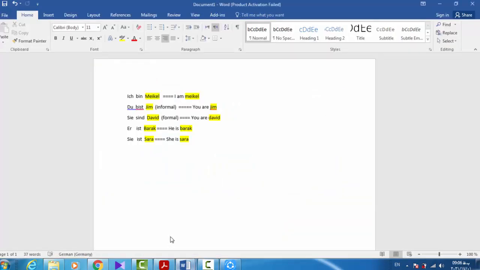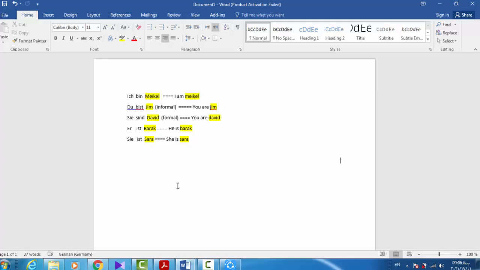I've written them here, and I've made sentences using the verb sein, the equal of the verb to be in English. As you remember from English grammar, we have the verb to be.